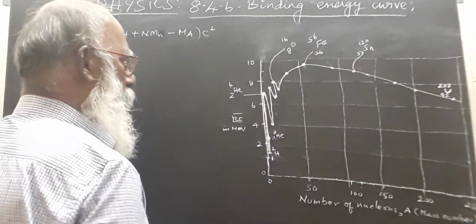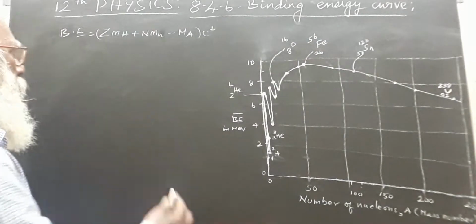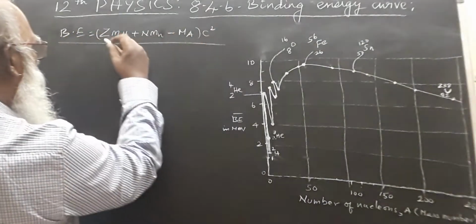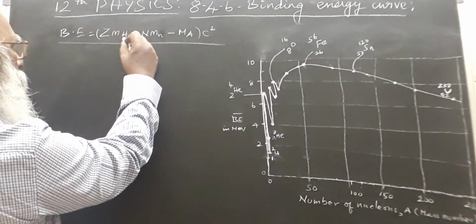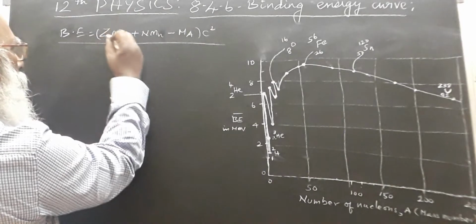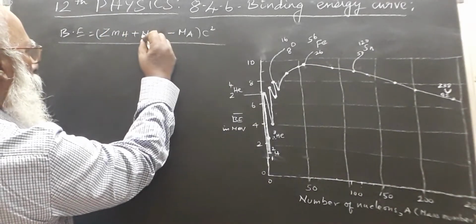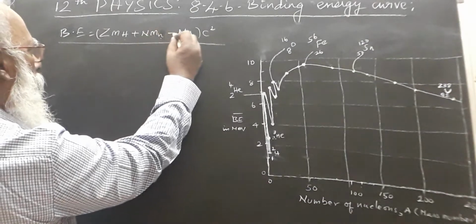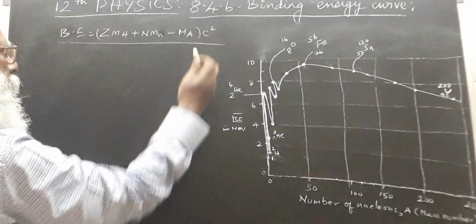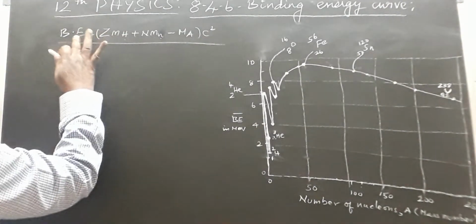Before going to see this curve, last class we already saw the binding energy. It is ZMH, the mass of hydrogen times Z, plus the mass of neutrons N times mn, minus the atomic mass, into c squared. That is the binding energy.